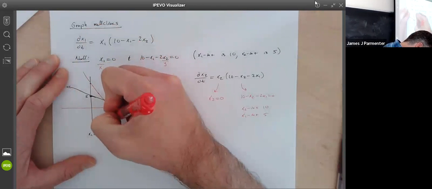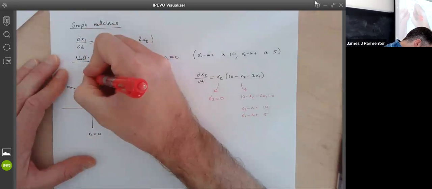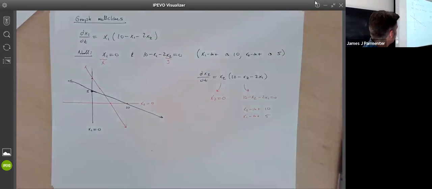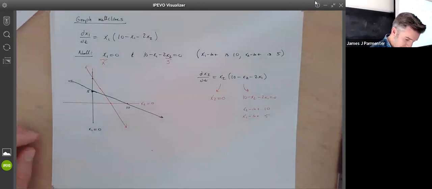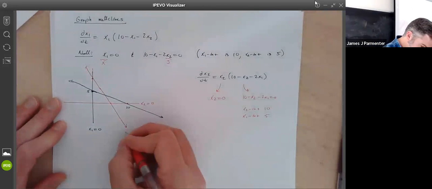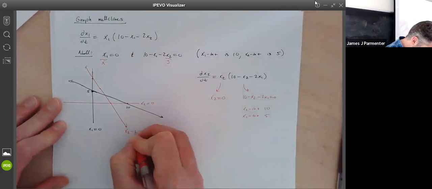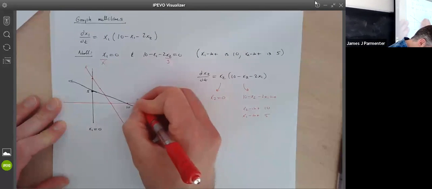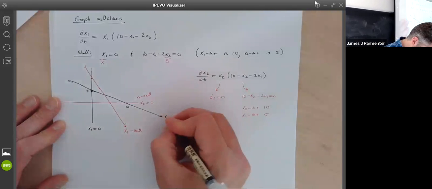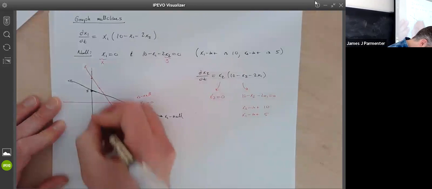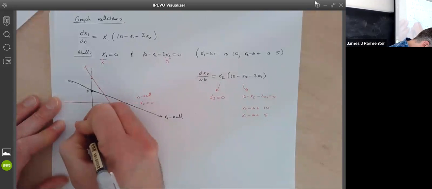So here's what I really, really wanted you to see. The points where different types of null lines cross is where you get equilibria. In red are my x2 null lines, and in black are my x1 null lines.